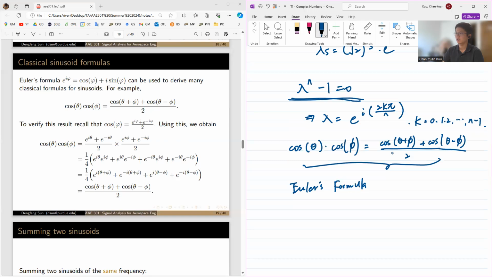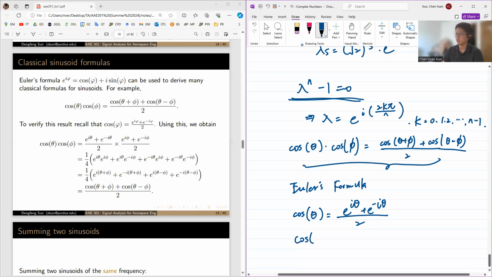So we have cosine theta equals e to the i theta plus e to the negative i theta over 2, and cosine phi equals e to the i phi plus e to the negative i phi over 2.